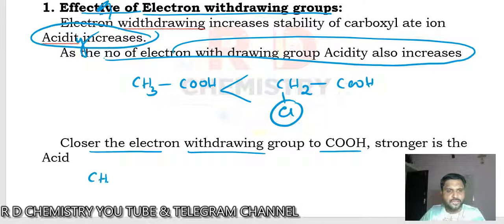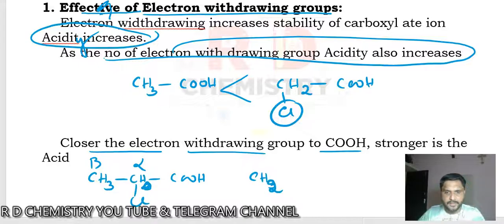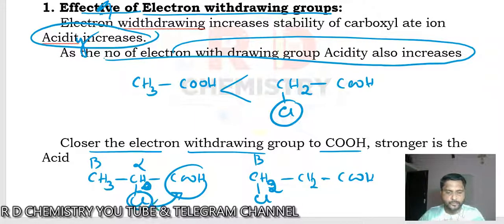Suppose I take CH3, CH2 and say COOH. This is propanoic acid. Now what I'll do, I'll introduce on the alpha carbon atom the chlorine atom. Or I'll take one more molecule of propanoic acid, but I'll introduce the chlorine on the beta carbon atom, then here CH2, then COOH group. When the electron withdrawing group is closer to the COOH group, it is a stronger acid compared to the next molecule here.